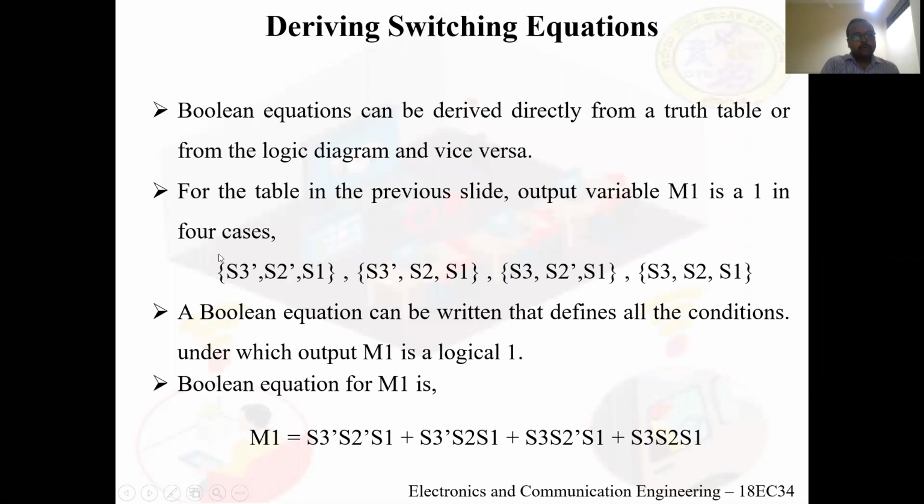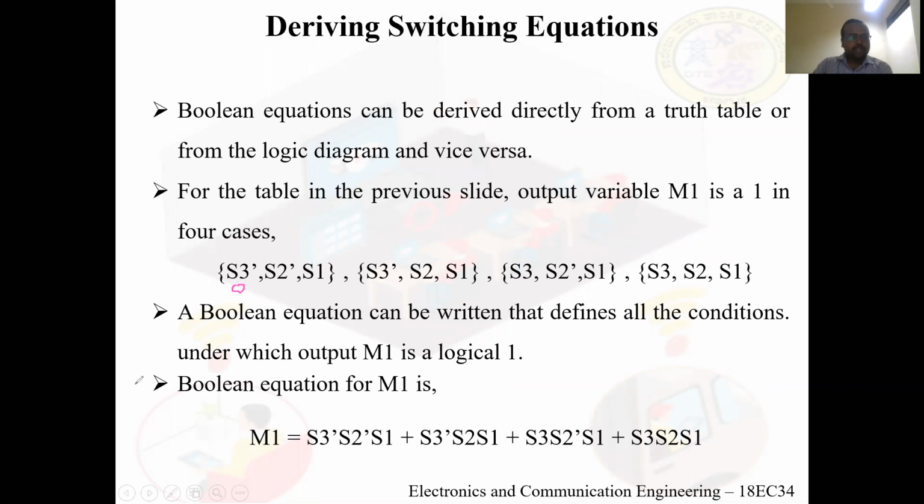Right? So how do you write it? As I said here, the M1 was on for the combination 0, 0, 1. Now if you see this one, you can write it as a 0, right?